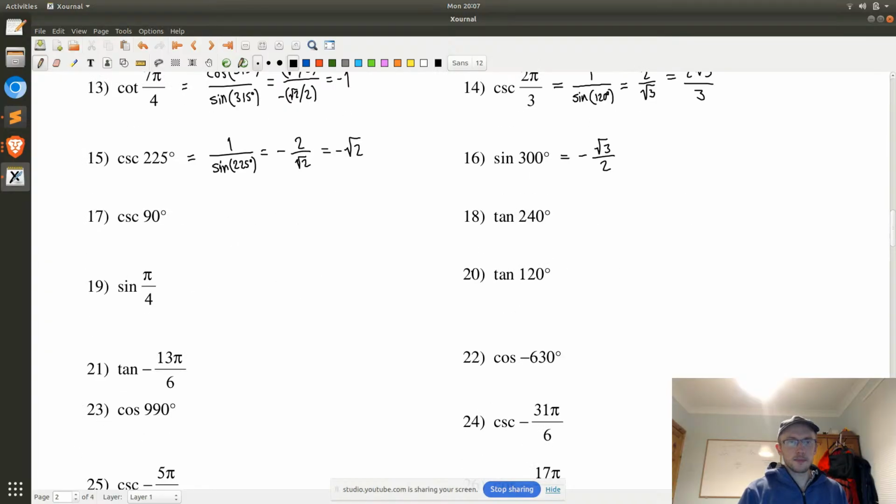That's correct. Cosecant of 90 degrees is 1 over sine of 90 degrees. Sine of 90 degrees is 1, and so it's just 1.